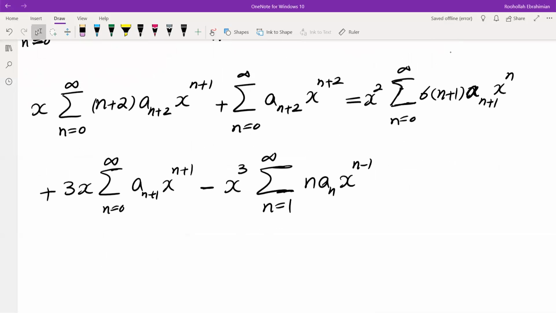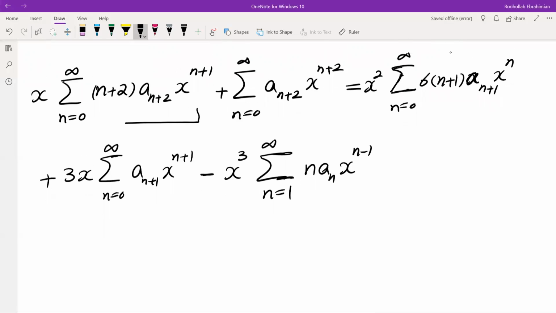So that's nice. This is something that we can use to relate the recursion with the power series that we started with, what we call the ordinary generating function. So far it's good.